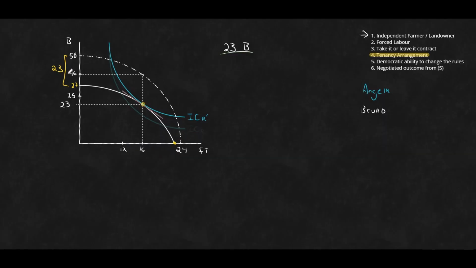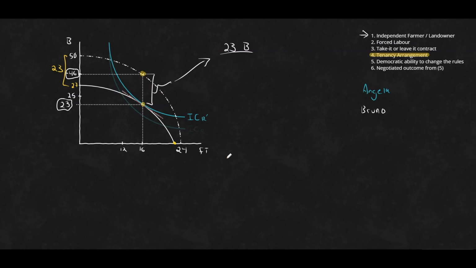How much would she be producing altogether? At 16, all the way up to right there, she's capable of producing 46. She's keeping 23. What's happening to the rest? Well, this 23 there, that vertical distance, that is the lease that she has to pay to Bruno for her right to work this land.